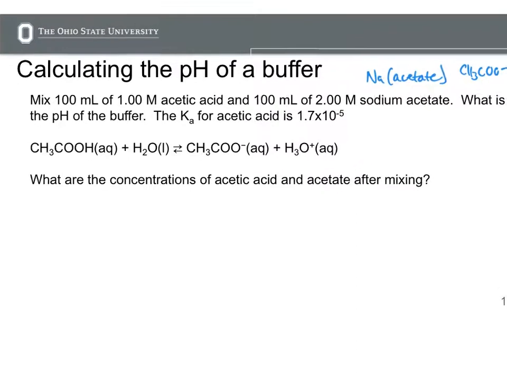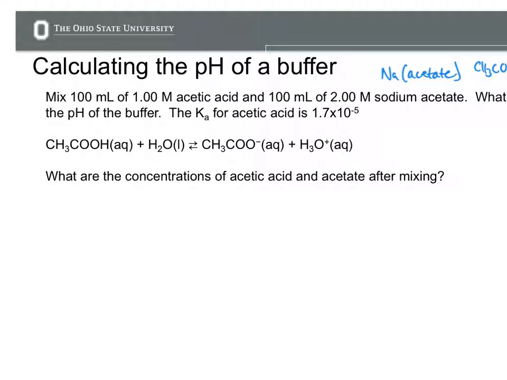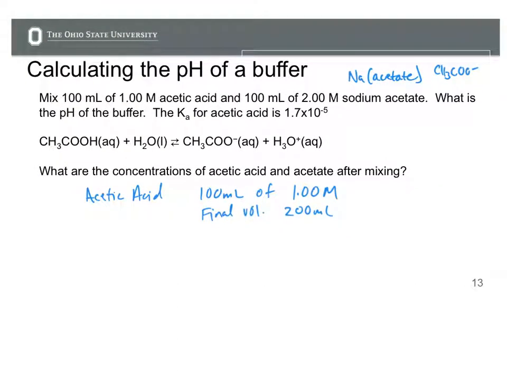Okay, so let's find the concentration of acetic acid. So we have 100 mils of 1 molar, and the final volume is going to be 200 mils. Does everyone see that? So we can use M1V1 equals M2V2. You can use milliliters as long as you're consistent on both sides of the equation. You can change it to liters if you want.